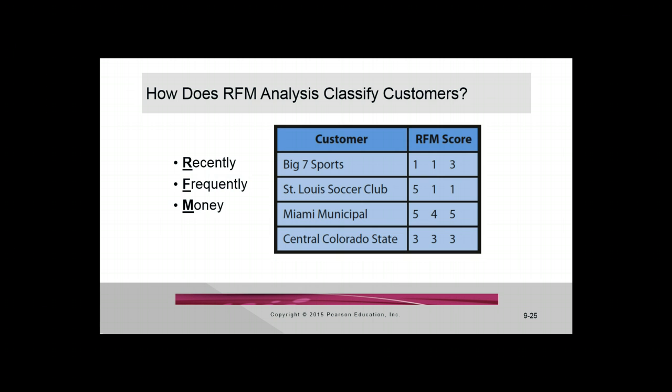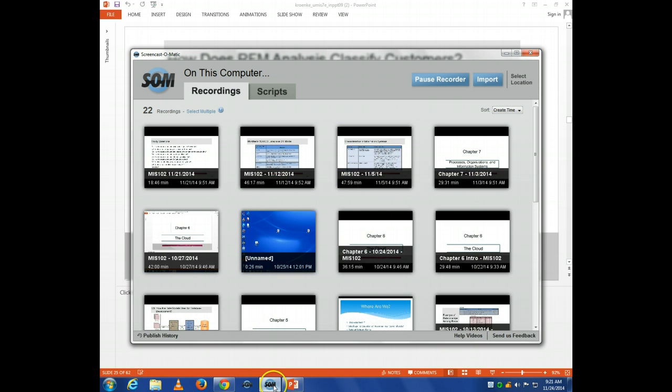So let's take a look at this and let's take a look at how we might do an RFM analysis. I'm going to go into Excel, and if you guys have your Excel, I would like you to do that as well.